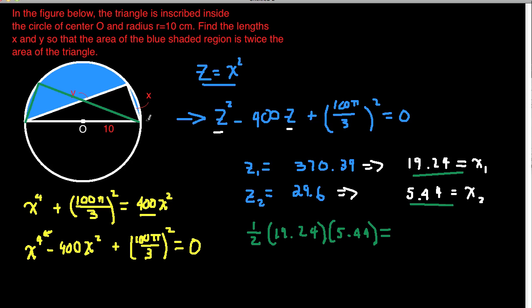Then you need to see what the area of the shaded region is. The area of the shaded region, remember, is the area of the semicircle minus the area of the triangle. So the area of the shaded region is going to be pi times 10 squared divided by 2, or 50 pi. That's the area of the semicircle, minus the area of the triangle, which is this.